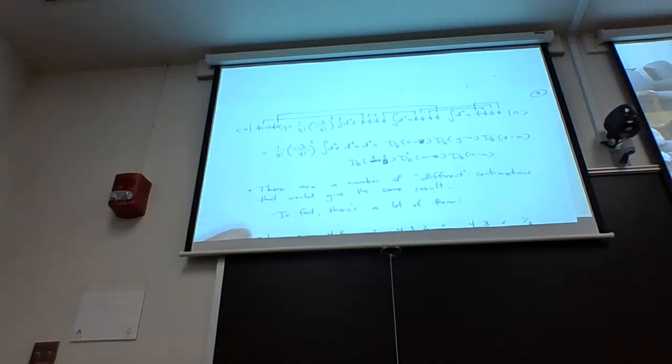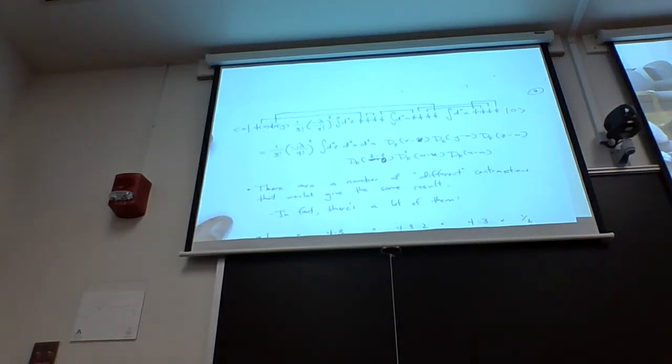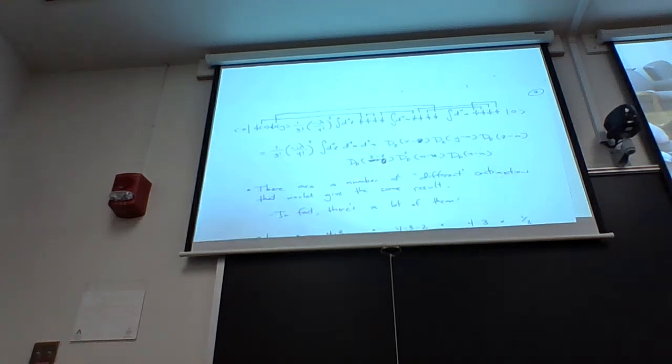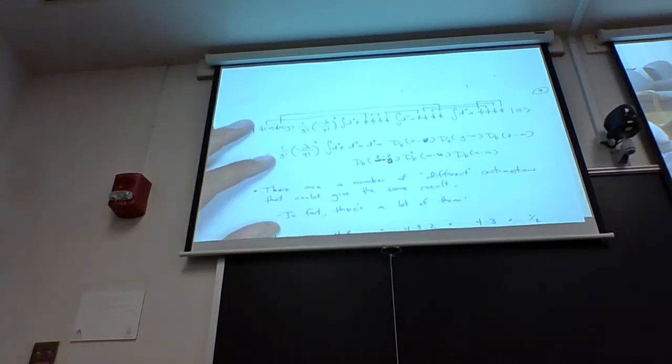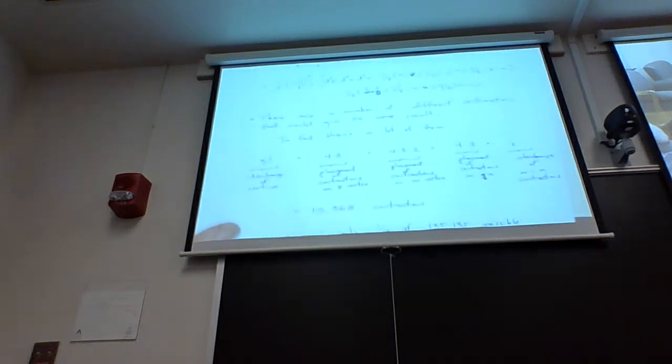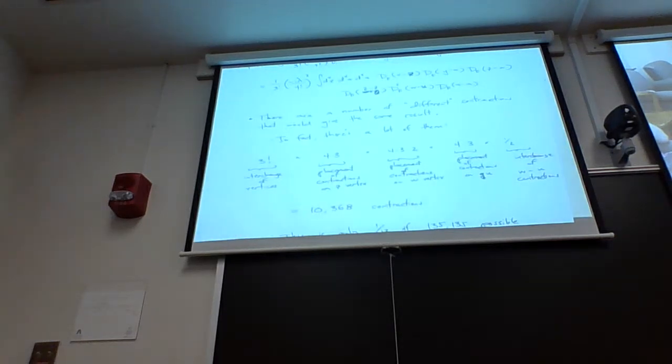Now, it turns out that, as you probably guessed, there's a number of different contractions that would give the same result. Once we contract x with one of the z's and y with one of the w's, there are a bunch of contractions that can be mixed up that will give us the same result. So here's how you count, just for this particular diagram.